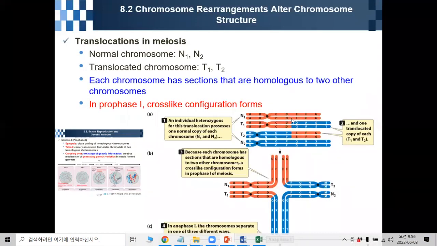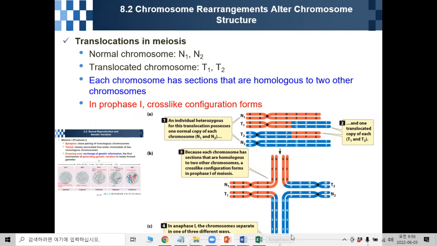Translocation happens between this normal chromosome and another normal chromosome. One makes T1, composed of A, B, C, D, Q, R, S, T. Another one is M, N, O, P, E, F, G. So in prophase 1, they will make a cross-like configuration.